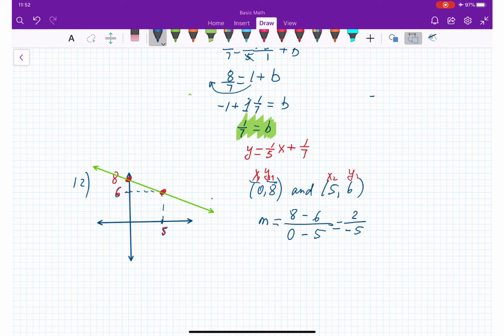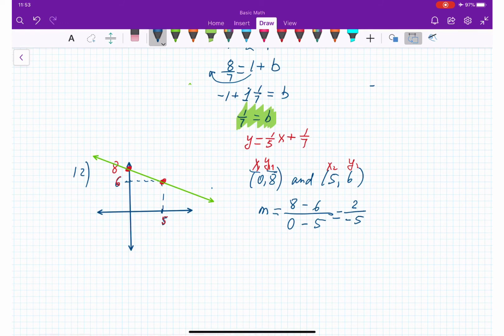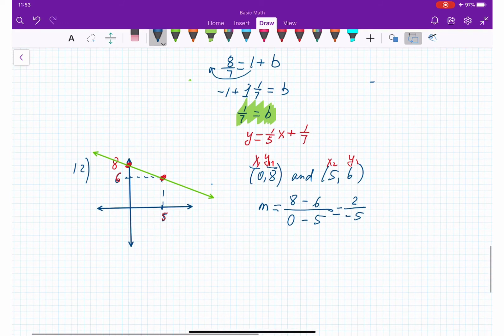So we got our slope. Next, we need to find out our y-intercept. Okay, for y-intercept, I'm going to take first point, 0 and 8. So y is 8 is equal.